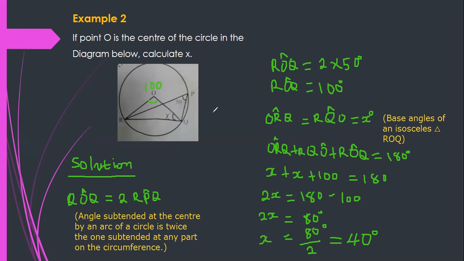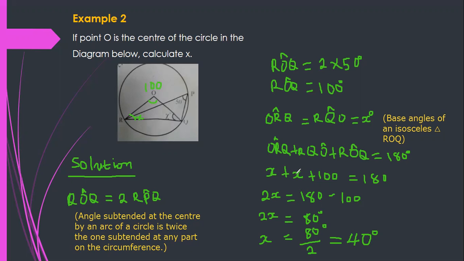And then since we have one of the angles in this triangle, which is an isosceles triangle, knowing fully that the base angles of an isosceles triangle are equal, we applied the rule again to get the value of this x, and that is what we did here. So our ORQ is equal to RQO, which is given as x degrees. This angle plus this angle equal to 180 degrees. And then we label this side as x as well.